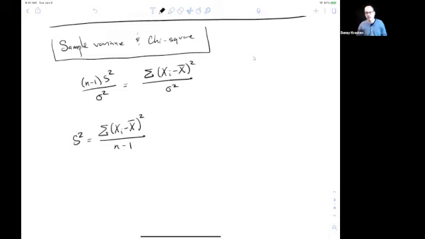Okay, and now if you squint at that a little bit, let me just pull these things out to make it easier to squint. Then what you can see is this thing, it kind of wants to feel a little bit like some sort of a normal distributed random variable.